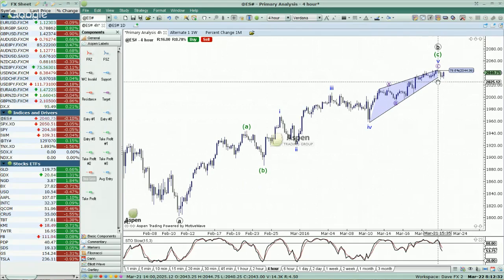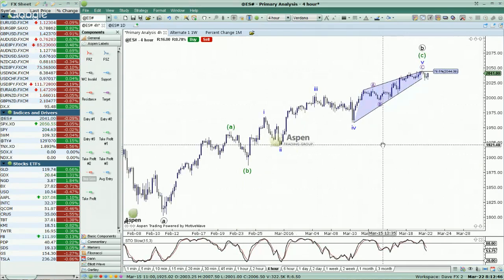The question now becomes is really how much more upside is there in the S&Ps? And again, I'm not saying that there has to be a move lower here. I'm just saying that would make for more optimal trading conditions. I don't want to be either trading the S&P or the underlying stocks to the long side or trading FX markets expecting the S&Ps to move higher, because to me, I'm chasing my entry at this point.